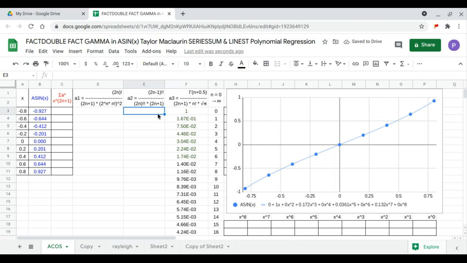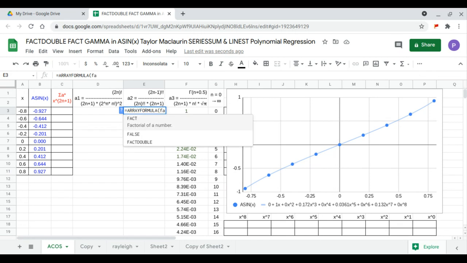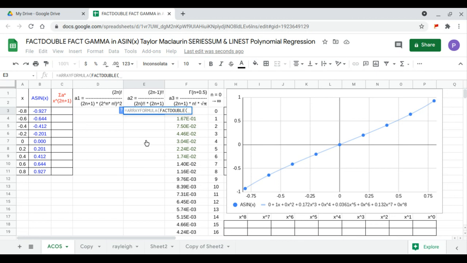And we continue with the double factorial, which is equal to array formula. That's double factorial 2n minus 1, so 2 times n minus 1, divided by, there are two parts.